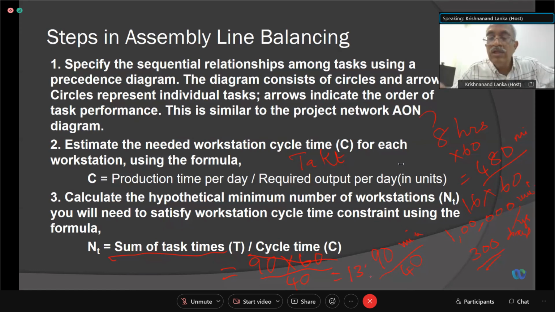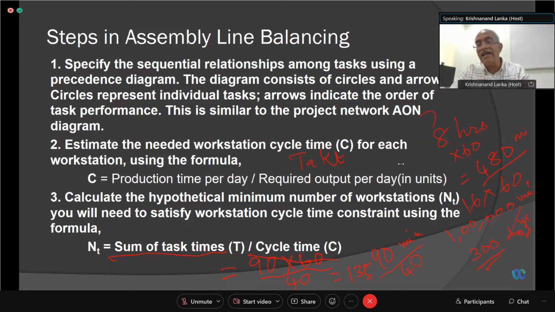So that means his moving assembly line has 135 workstations theoretically, to turn out one car for every 40 seconds.